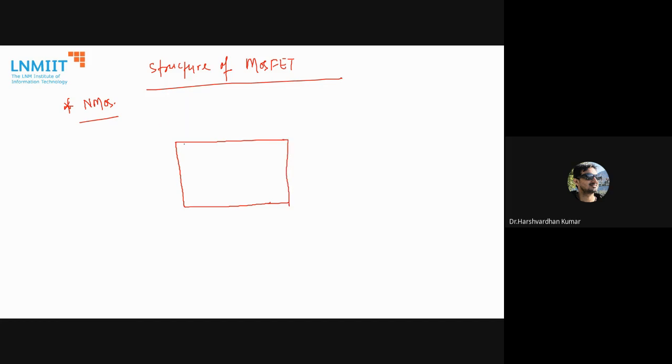So here you can see, this is N plus, and here is the P substrate.